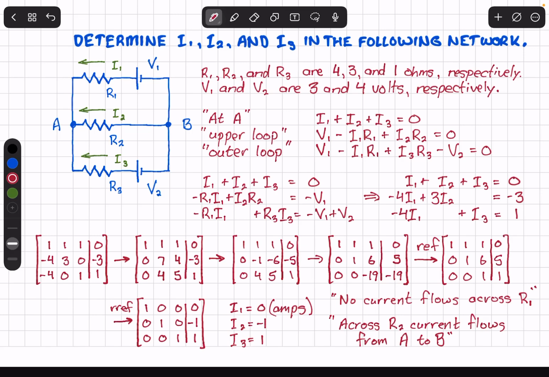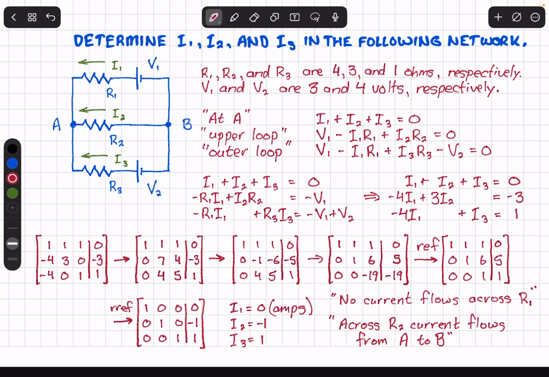As we cross the resistor, we drop potential difference. And as we return to B, we cross R2 in the opposite direction of current. So we're adding potential difference I2 times R2.